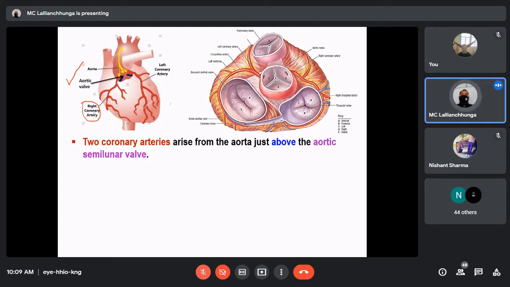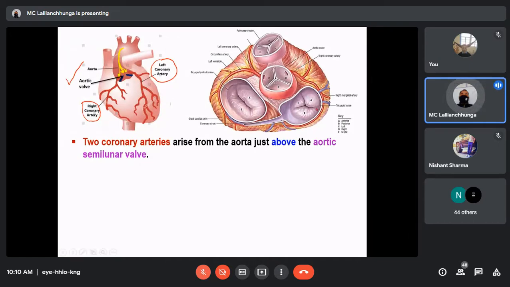Just above it, two main coronary arteries are there. This one is the right coronary artery, and the other is the left one. Just above the aortic valve they open into the aorta.